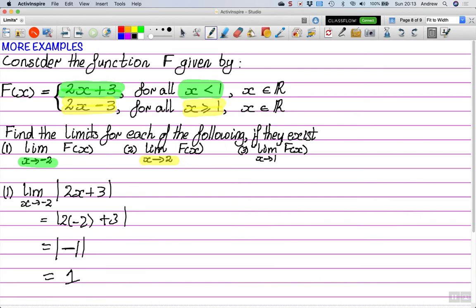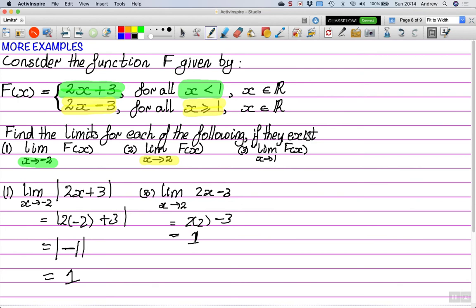So for part 2, we're looking at the limit as x tends to 2 for f of x, and it's the yellow version, so it's going to be 2x minus 3. So that's now going to be equal to 2 on 2 minus 3. 2 2's are 4. 4 take 3 is 1. And that's the end of that one.